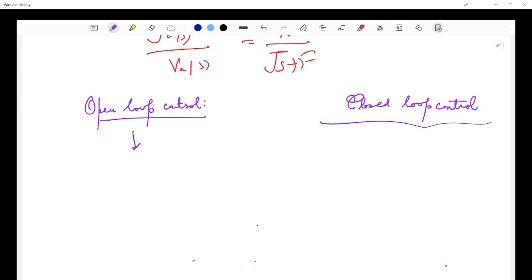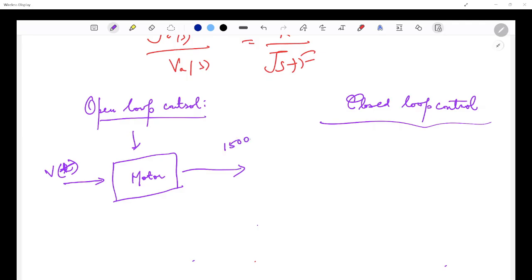Let's say I have a motor. Let's say this is my motor. I am giving it an input. Let's say my input is some voltage that I'm giving. And then I want to control the speed. I want it to move at 1500 rpm.